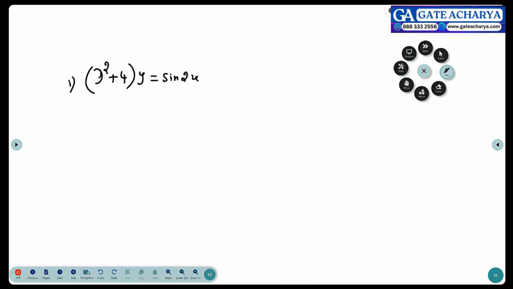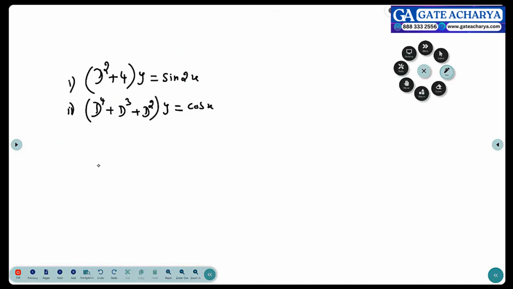The first one. And second, d power 4 plus d cube plus d square of y is equal to cos x.